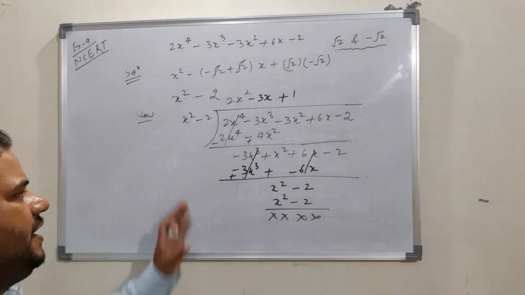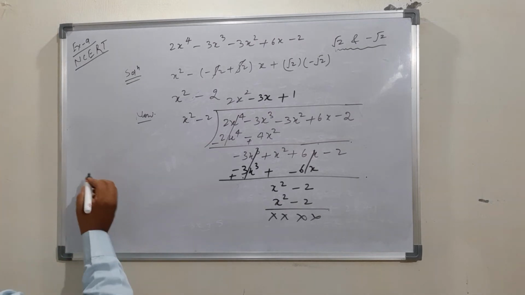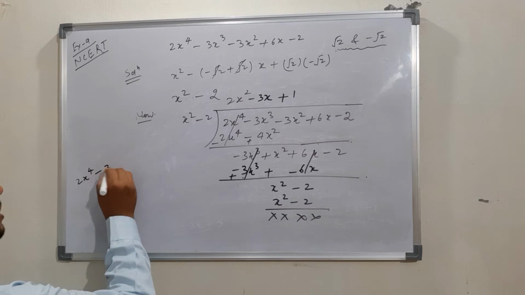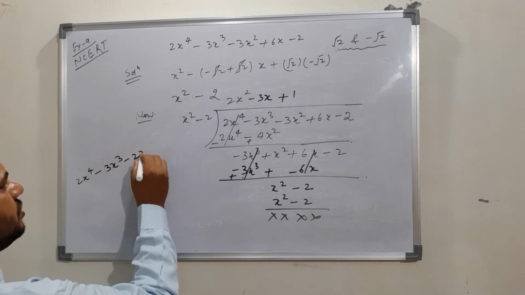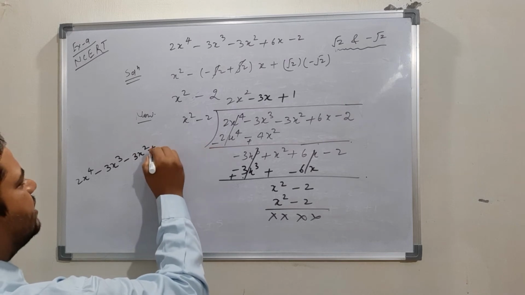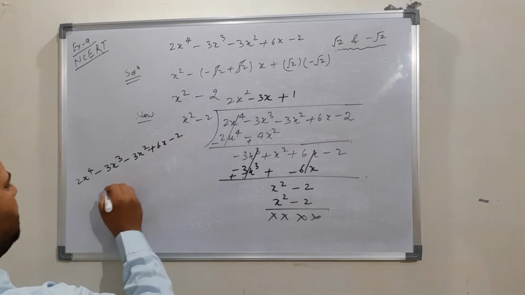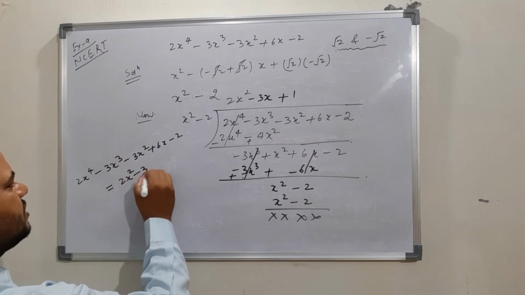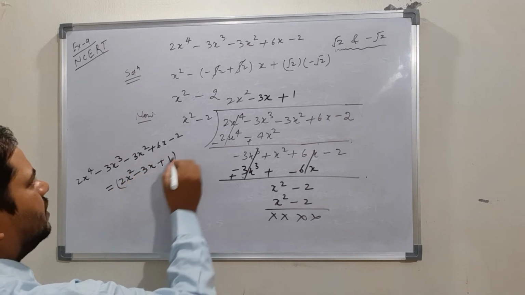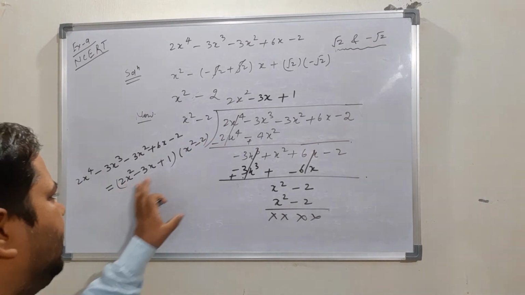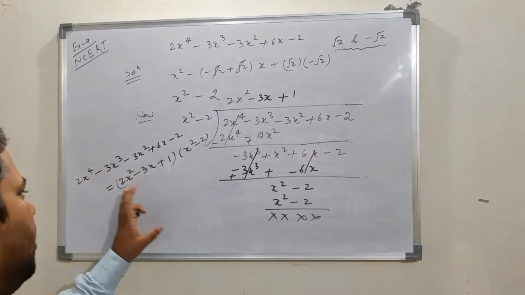So by the division algorithm we can write 2x to the power 4 minus 3x cube minus 3x square plus 6x minus 2 as (2x square minus 3x plus 1) times (x square minus 2).